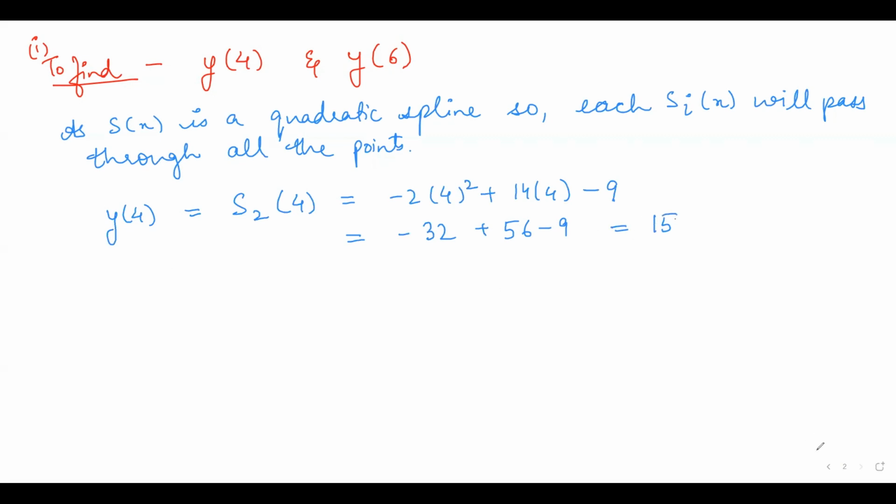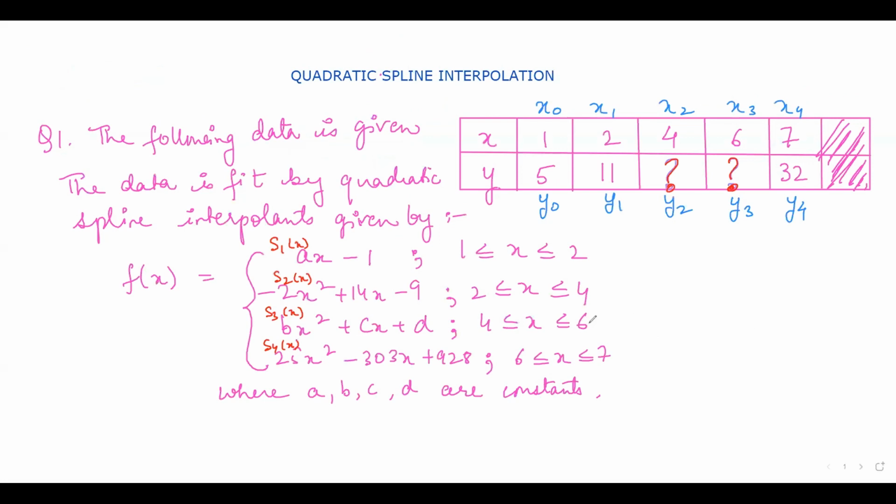Similarly, to calculate y at 6, the point 6, as we know, x3 is passing through S3(x) and S4(x) both. But for S3(x), again, we have the unknowns, so we cannot find it. So we'll substitute the value of 6 in S4(x) and find the value of y at 6.